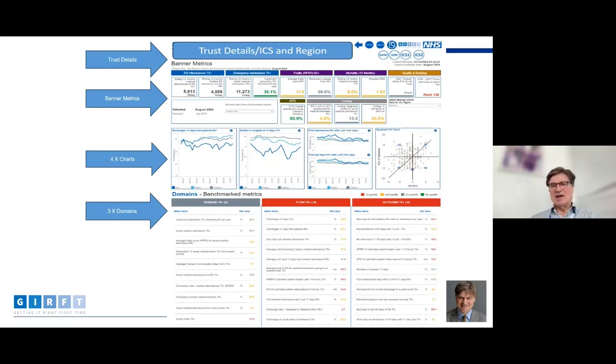So there's always an interpretation you need to put on benchmarking, and equally within the tool there is a whole bunch of possibilities looking at time series. So you need to have a look at the benchmark. Everyone is interested in that, of course, but also look at the time series changes for the key metrics.